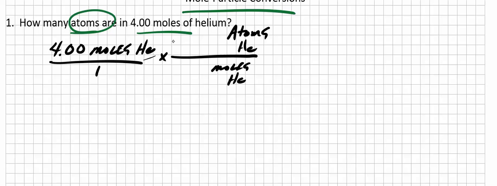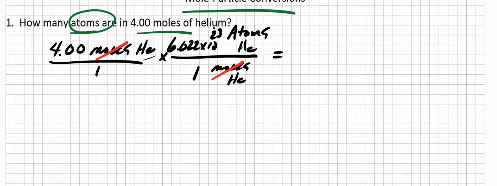Now, I've committed to memory this number, 6.022 times 10 to the 23rd atoms per mole. So that many atoms per 1 mole, and now I'll start the cancellation process. Moles of helium will cancel. That will leave me with atoms of helium, and that's what I want. So now I'm going to multiply these two numbers.